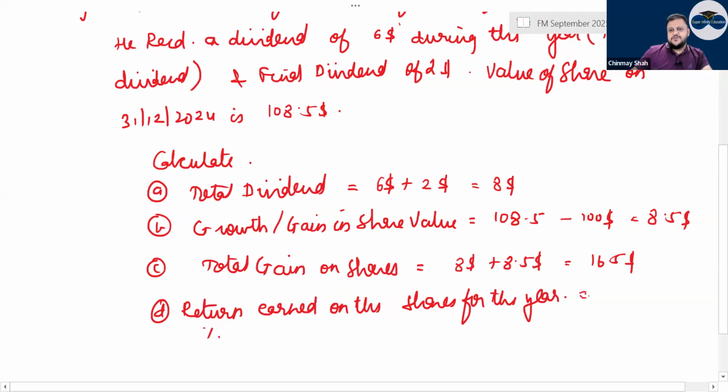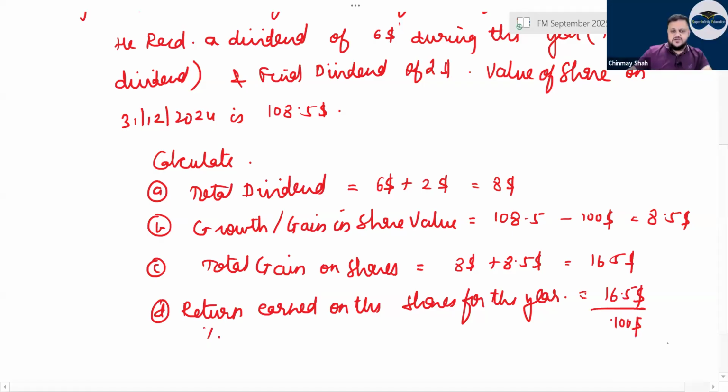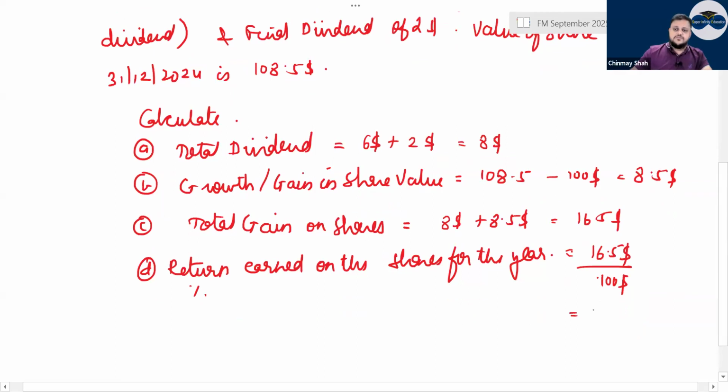Someone said 16.5%. How did you calculate that? 16.5 is the gain. And how much did you invest? 100. So how much is the return? 16.5%. This into 100 करना पड़ता to get the percentage answer.